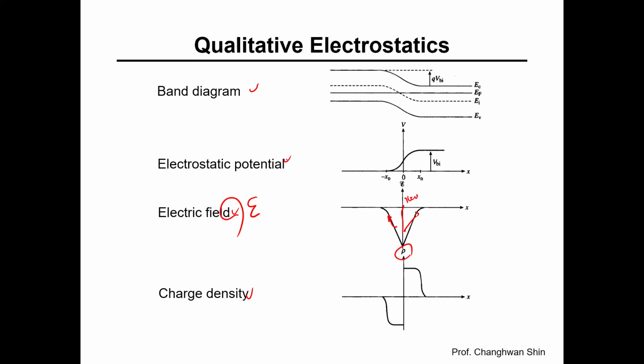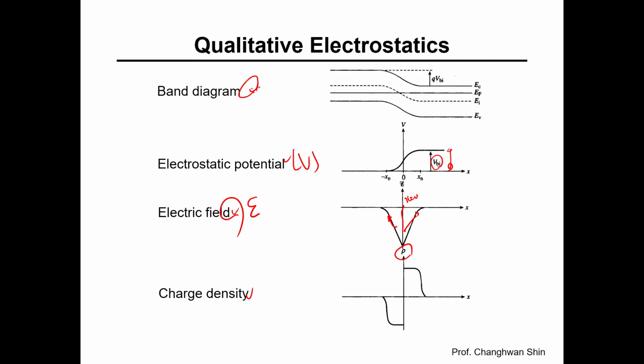Next, the electrostatic potential, denoted as V. The electric field creates a potential difference across the junction, with the N side at a higher potential than the P side. This potential variation is shown in the graph here, with the total built-in potential labeled as V sub i.